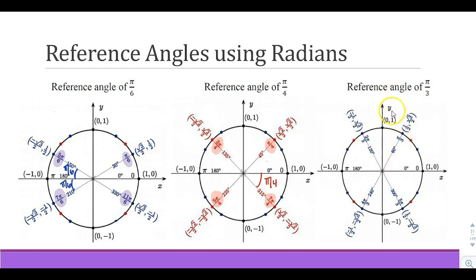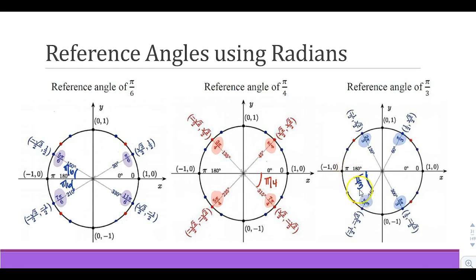And finally, the angles with the reference angle of pi over 3 are pi over 3, 2 pi over 3, 4 pi over 3, and 5 pi over 3. So picking on, let's say, 4 pi over 3, the terminal side, the acute angle that gets me to the x-axis, is pi over 3. That's how far I am away.